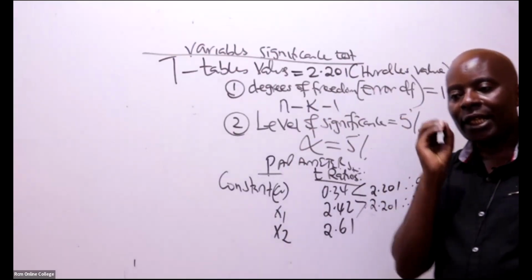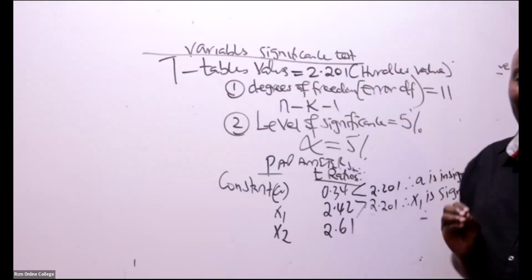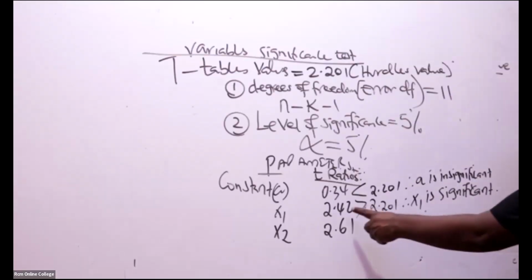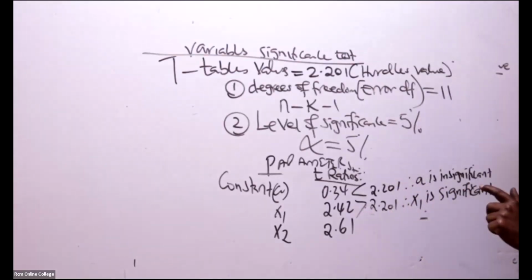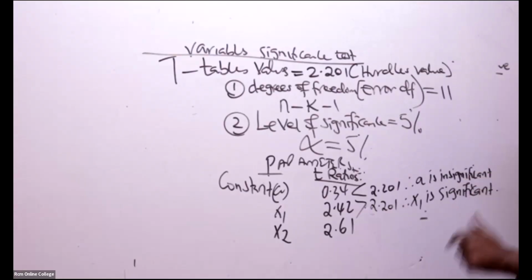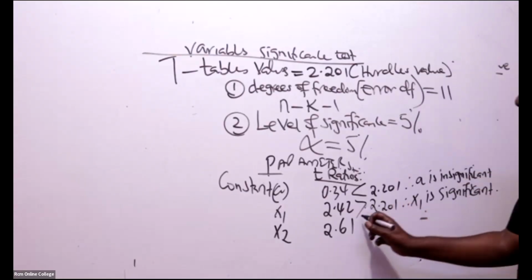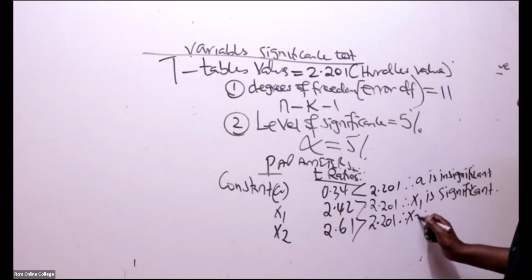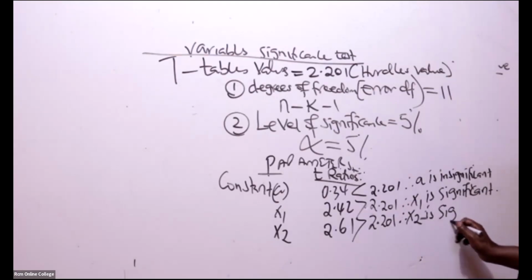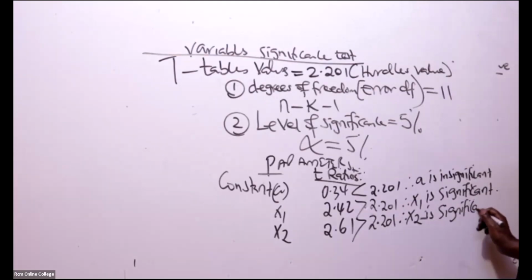T-table is the threshold of significance. You can see 2.42 is bigger than this value. All right. Then we have 2.61, x2, ladies and gentlemen. Again, this is more than 2.201. Therefore, x2 is significant as well.